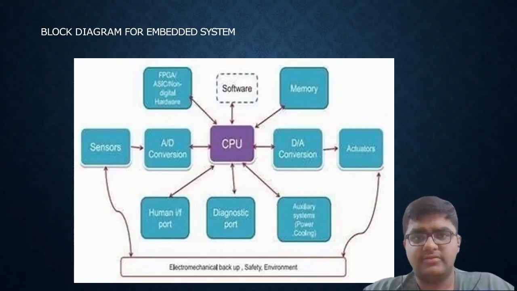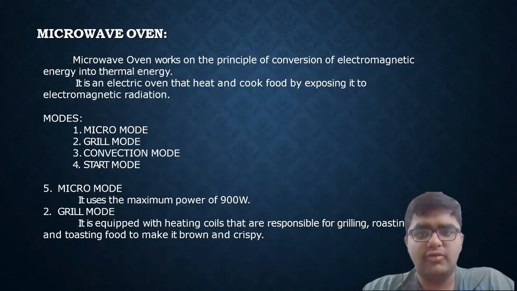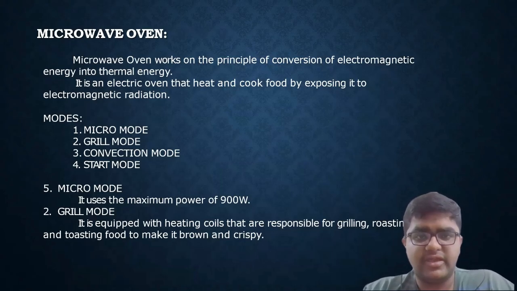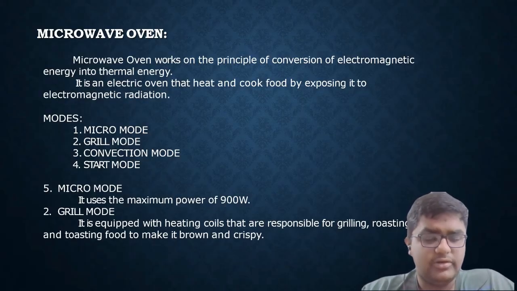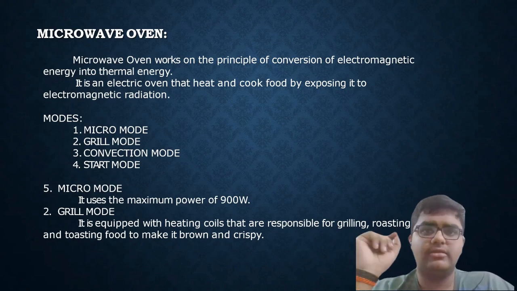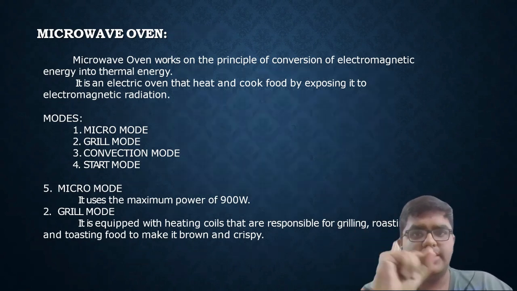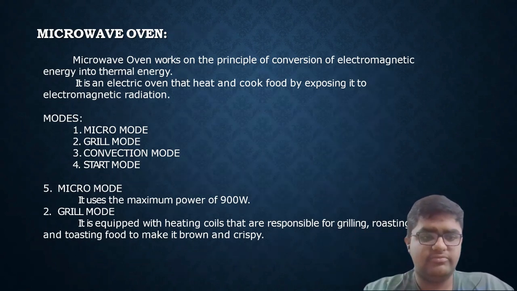kinds of procedures. The microwave oven we have designed was given to us with specifications which we needed to follow. The microwave oven has four modes: microwave mode, grill mode, convection mode, and start mode. First, the microwave mode has to use 900 watts of power, and when we turn on the screen, it will show that 900 watts power.